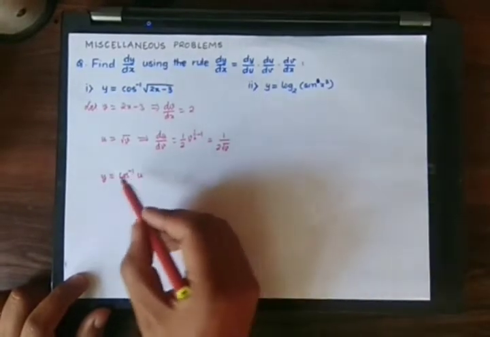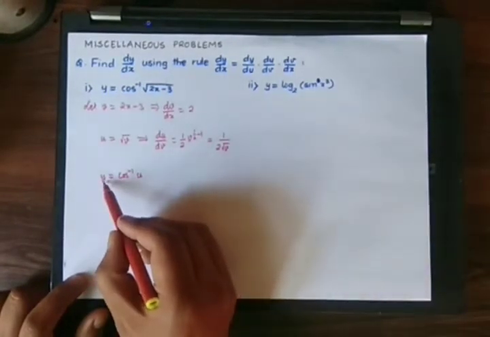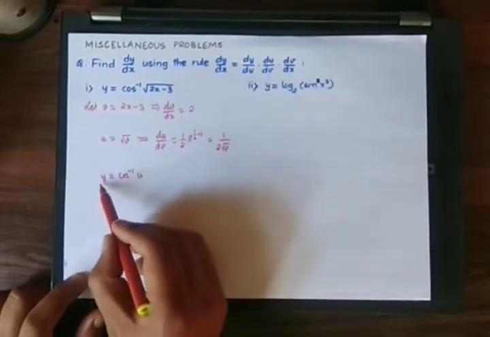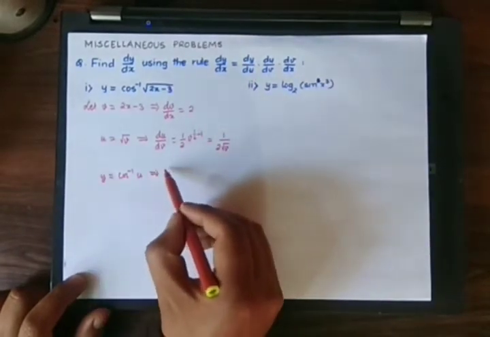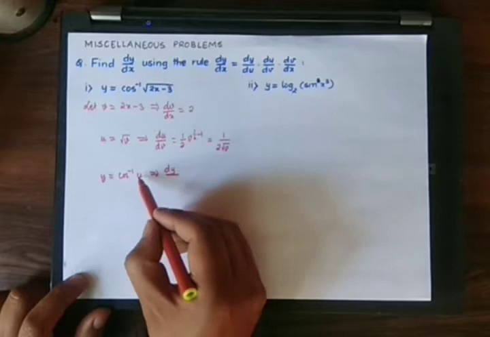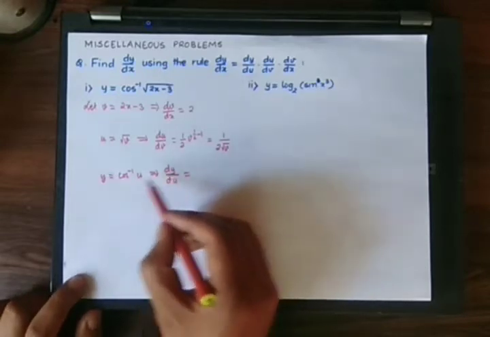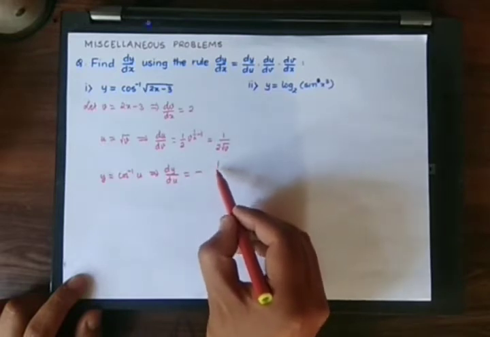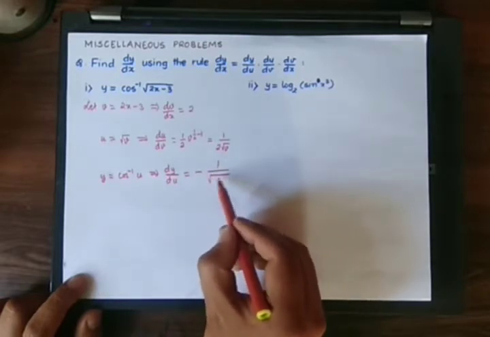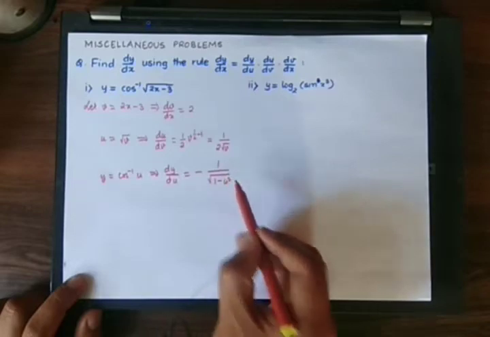Now we need to find dy by du, right? So differentiating both sides with respect to u, I'll get dy by du equals, now the differentiation of cos inverse is minus 1 by root over 1 minus u squared.